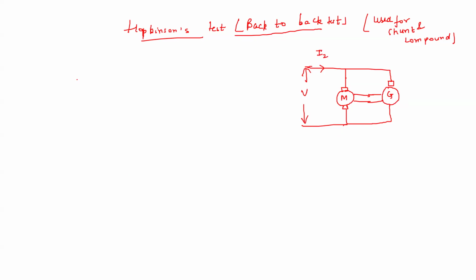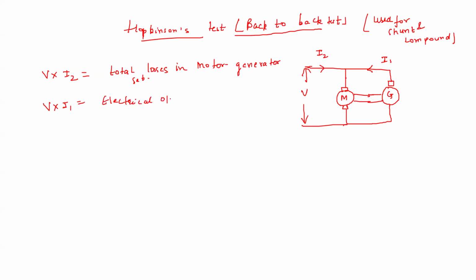So this power is V into I2, which is the total losses in the motor generator set. Now let us say that the generator is giving out the electrical output in the form of electrical current I1. So V into I1 will become the electrical output of the generator.